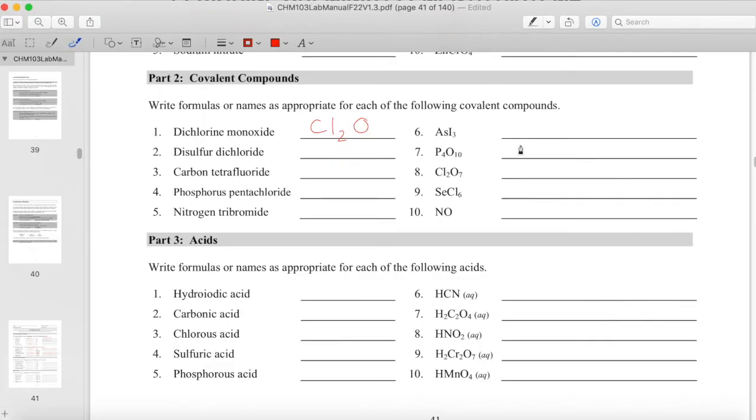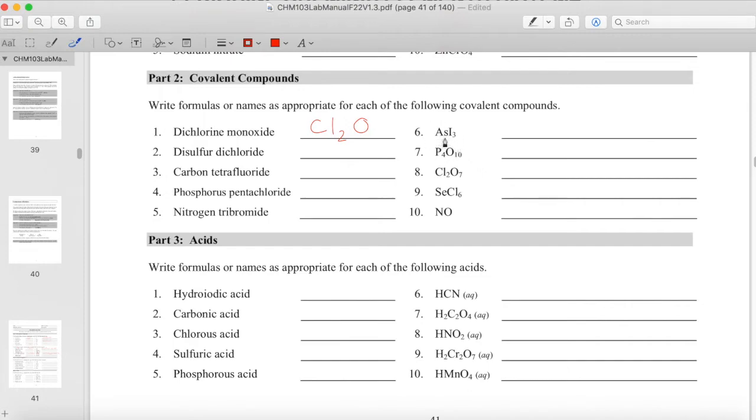Over here we've got formulas, and we're going to try and go backwards. So again, these are all non-metals or metalloids in some cases, so we know we're going to use our covalent rules here for naming these.